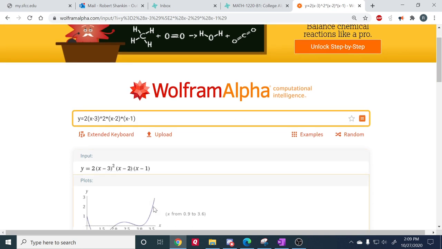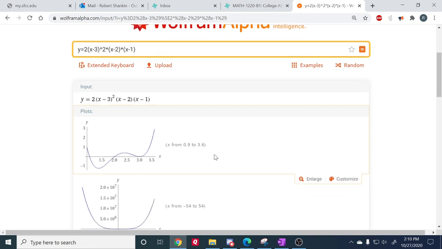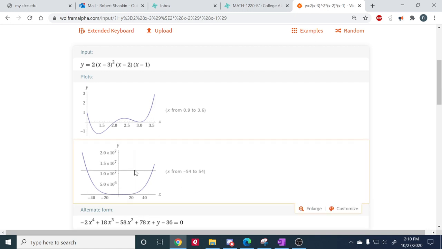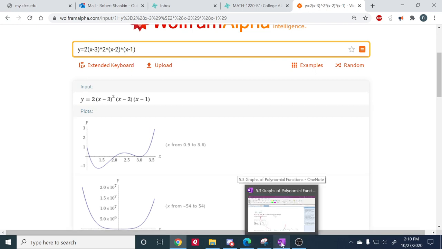And then it tries to do a whole bunch of things with it. And this is the shape that it came up with. On the far left, it was going up. It's kind of like a W shape. And on the far right, it's going up as well. And then it blows up for a certain region. But this graph is what we really want. And how does that relate to my picture?